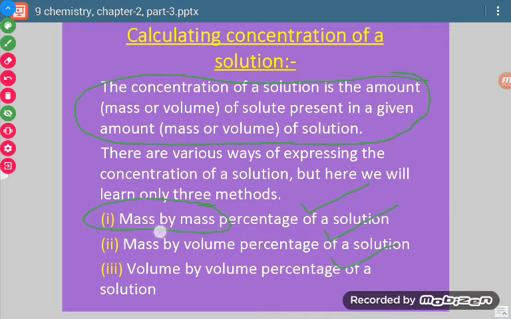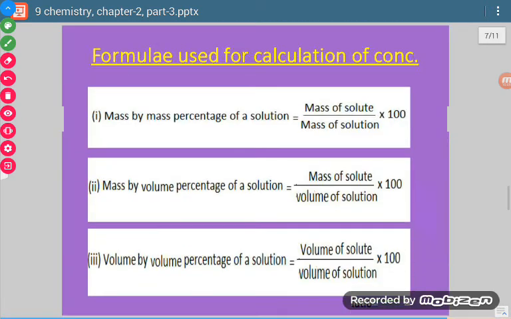Similarly here we have to take mass of solute and volume of solution. Similarly, in this case we have to take volumes of solute and solution. When I say solution, it means volume of solute plus volume of solvent, because solution is equal to solute plus solvent.